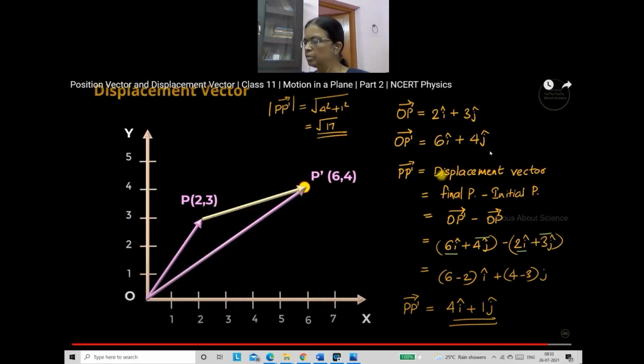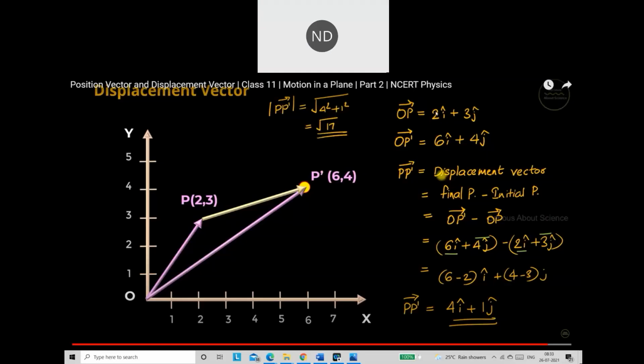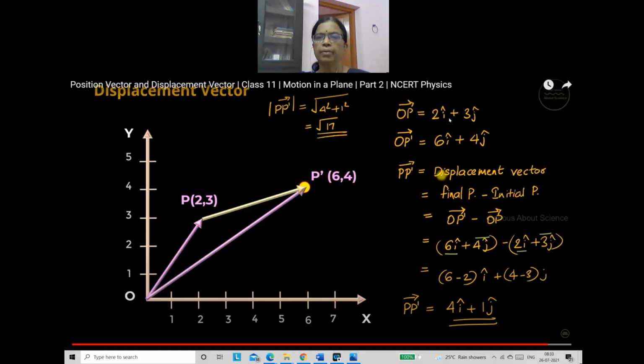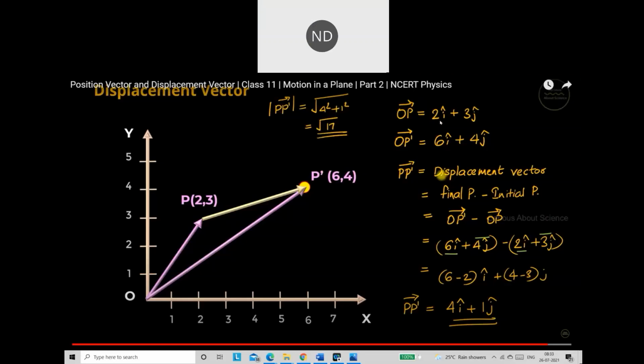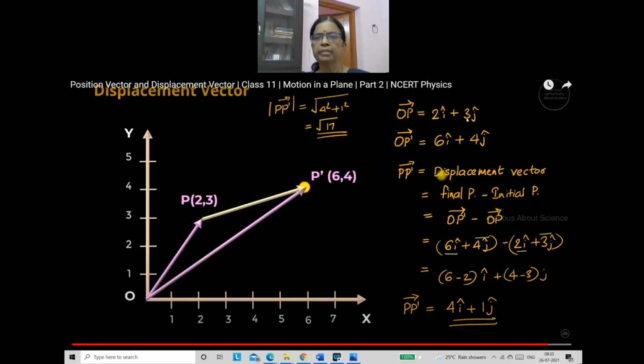Correct answer. And Neha, tell how to find the magnitude of vector OP. Neha is not there. Nihida is there. Nihida, how will you find the magnitude of vector OP? Square root of 2 square plus 3 square. Correct answer. So that is the way to find the magnitude.